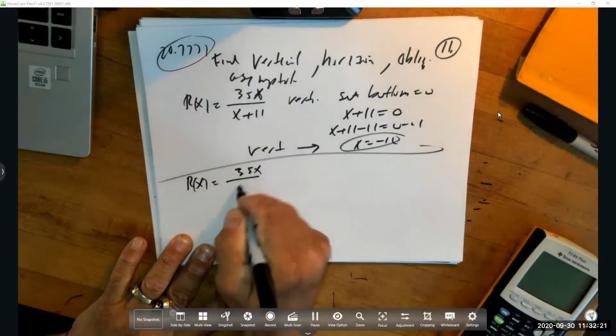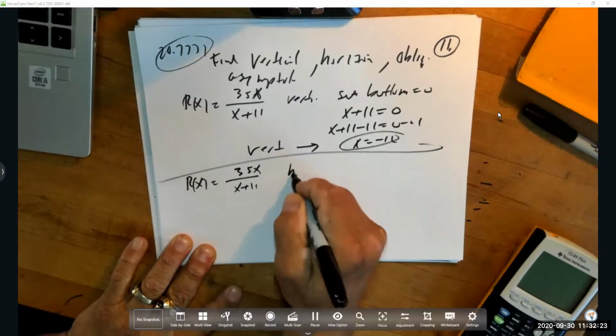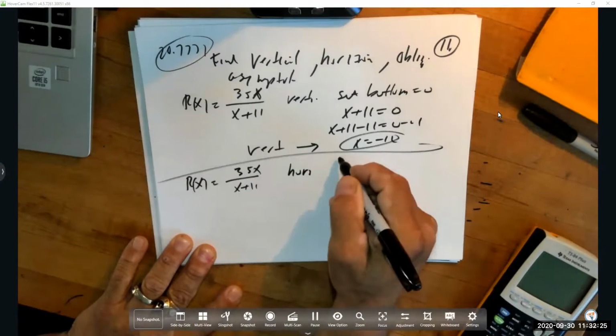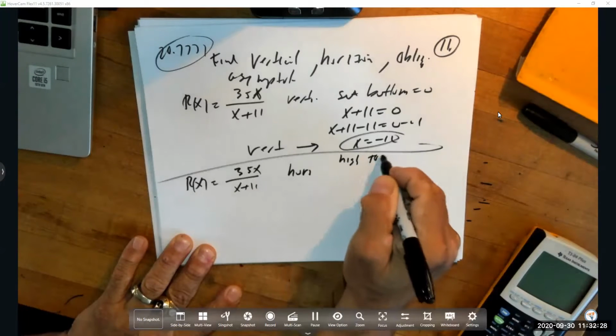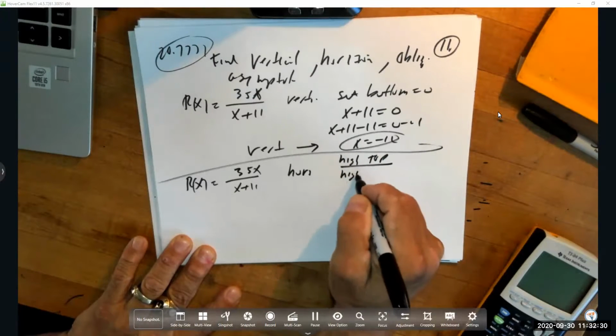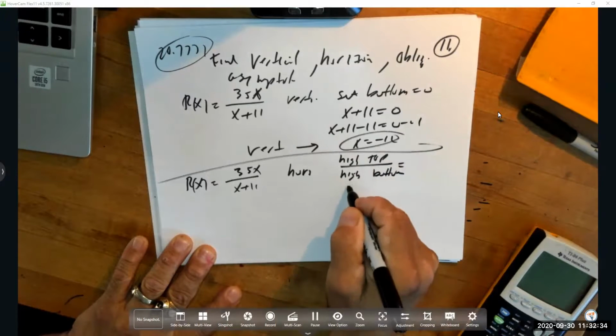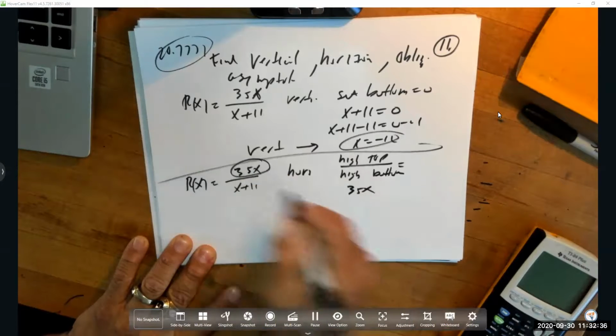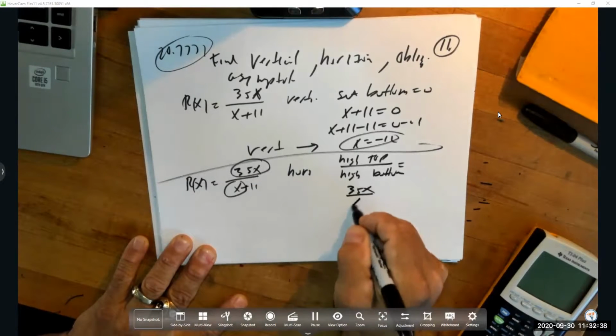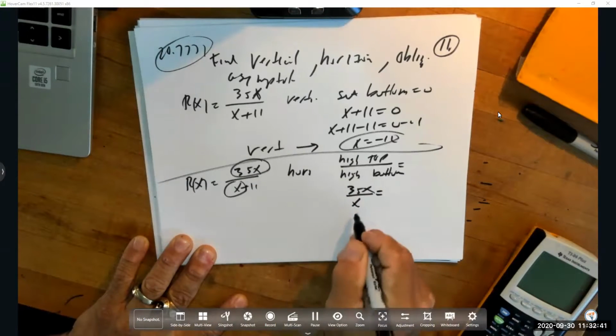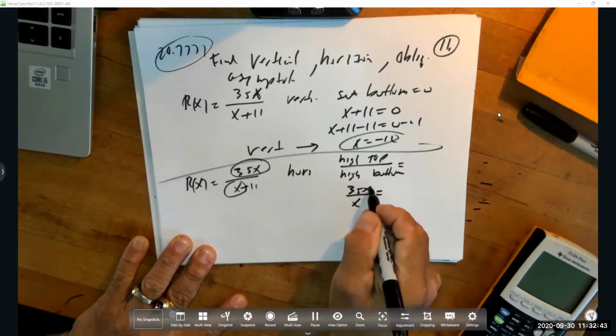The other one, the horizontal. You get the highest power on the top, and the highest power on the bottom. So the highest power on top is 35x, and the highest power at the bottom is x. And if you reduce those things, what do you get? 35.